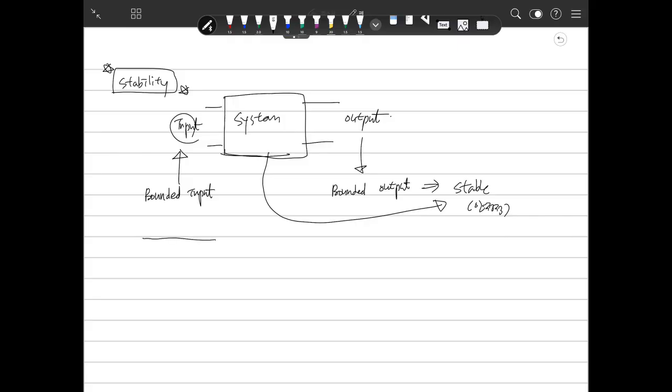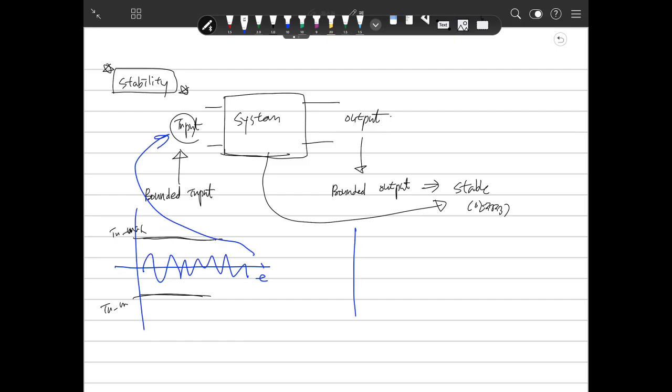What's the meaning over here? If we insert some variable in some bound, for example, in max and in min, we add some input in general. This is time. We add this kind of input here.